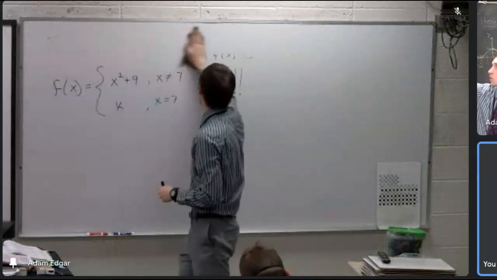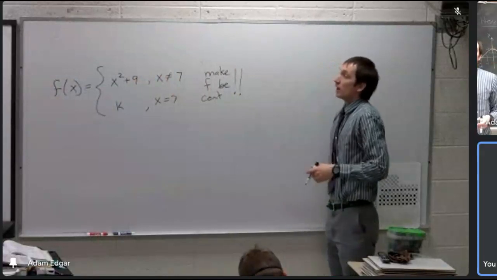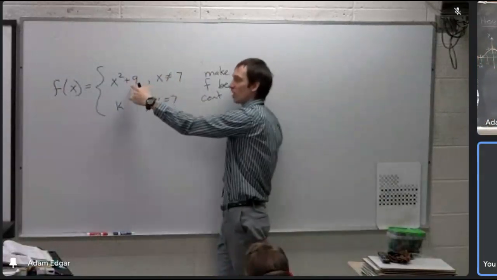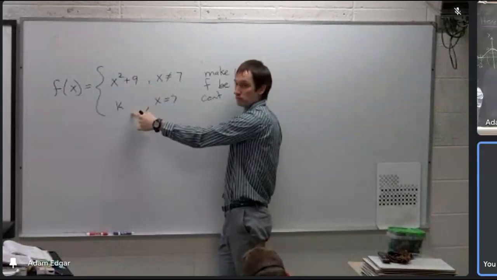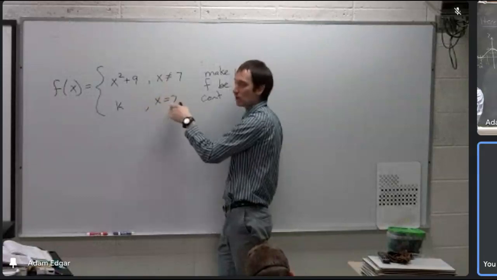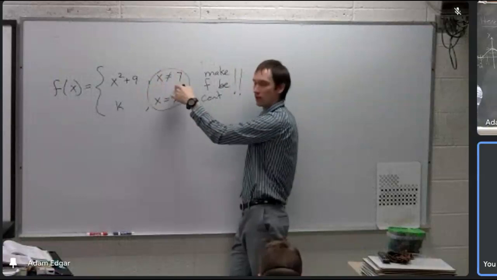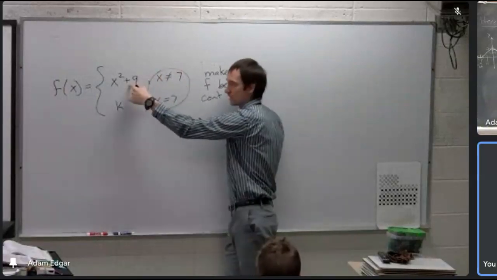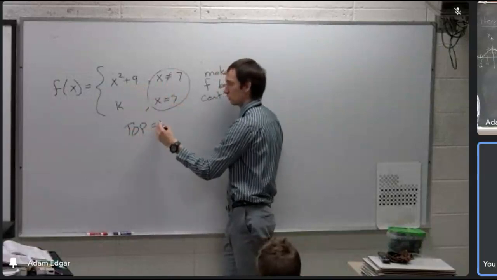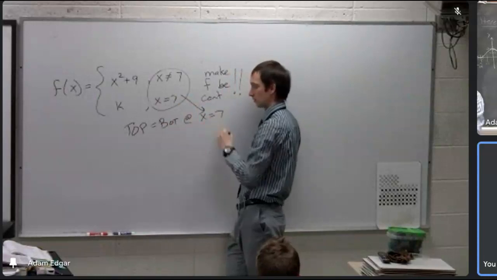So we want to find out, what does the k have to be? If this piecewise function is going to be continuous, we need the separate pieces to equal each other at what x value? 7. So the place of possible discontinuity is here. Let's make top equal bottom at x equals 7.